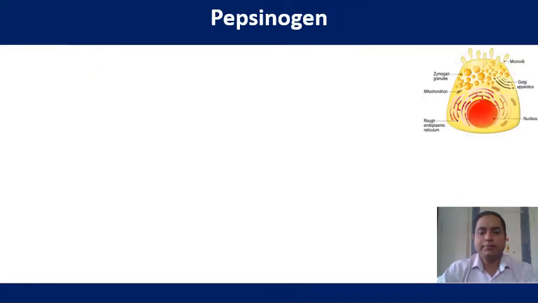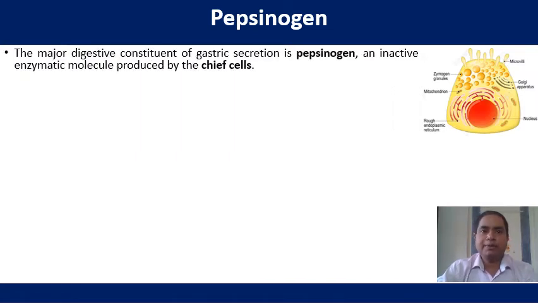So now we will investigate the function of the pepsinogen enzyme. The pepsinogen is an inactivated enzyme molecule that is produced by the chief cells. So the pepsinogen is stored in the chief cell cytoplasm within the secretory vesicles known as zymogen granules.